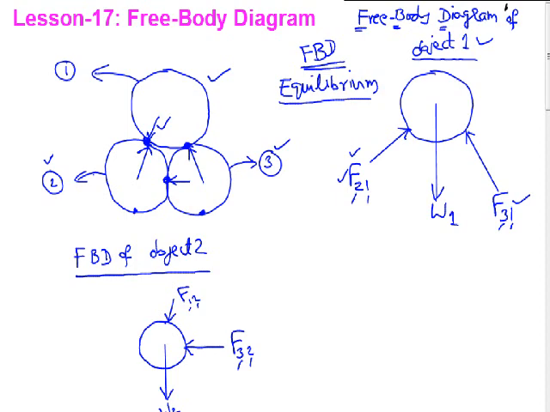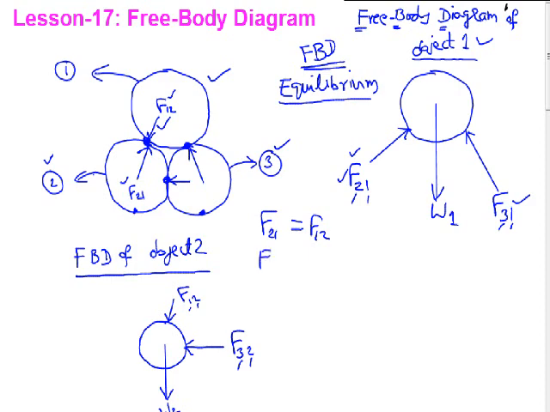You can note one thing. This is force F12. This is force F21. By Newton's third law, this forms action, this forms reaction. They are equal and opposite. So we can note that F21 is equal to F12.